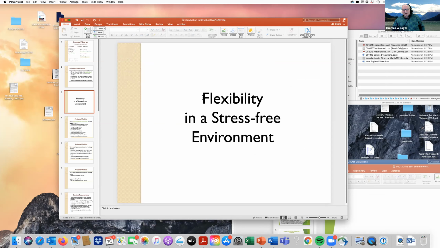We'll get to that. One of the themes of the course is flexibility in a stress-free environment. About 25 years ago, I decided that the way we teach is worthless. All we do is train students to take exams, and that's not learning. So I decided to focus more on the learning aspect. MIT is always talking about reducing the stress on the students, and then they come up with all these regulations that increase the stress.